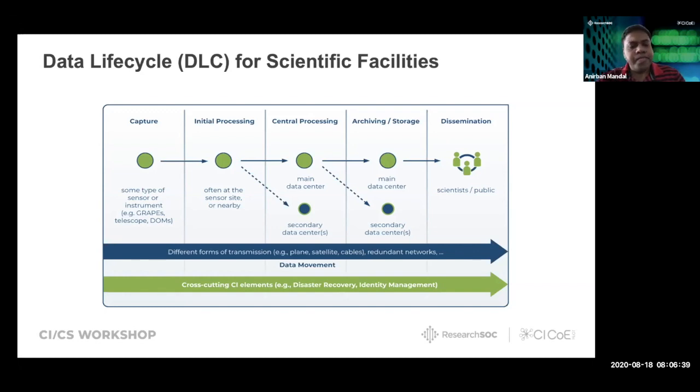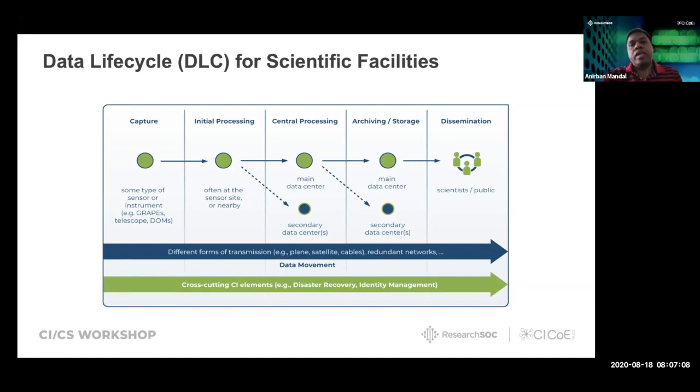It could be a telescope, it could be sensors in the field, it could be the DOMs as in IceCube, it could be the GRAPES sensor boards as in NEON, it could be optical and infrared telescopes. So you have the whole gamut of scientific instruments which are generating large volumes of data. And that's the data capture step. Everything starts from there, right?